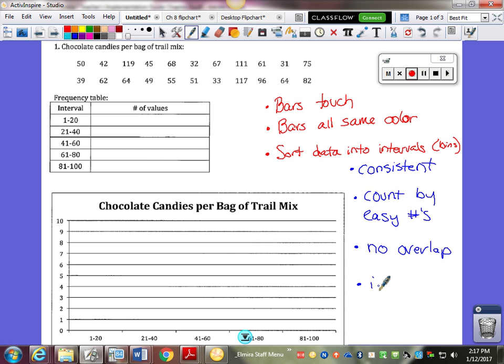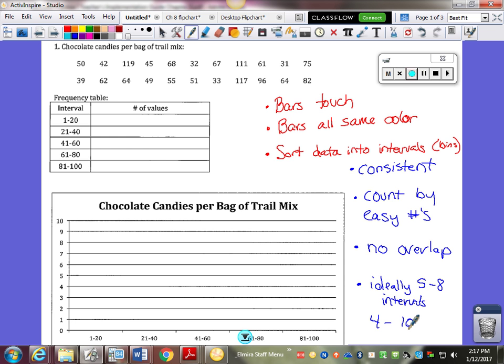Ideally, you want 5 to 8 intervals, but sometimes you'll see 4 to 10. With 3, you've got to spread your data out more. You have to show better than that. So 3 is definitely not enough. And 11, unless you have a good reason for it, it's probably not a good idea to have too many.